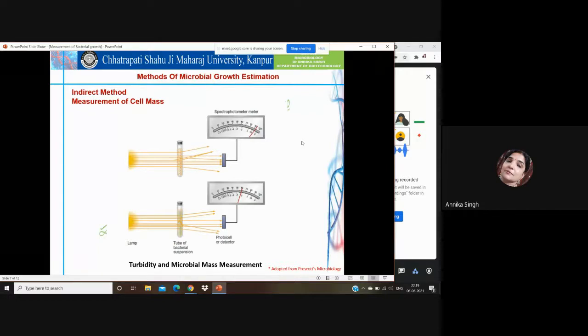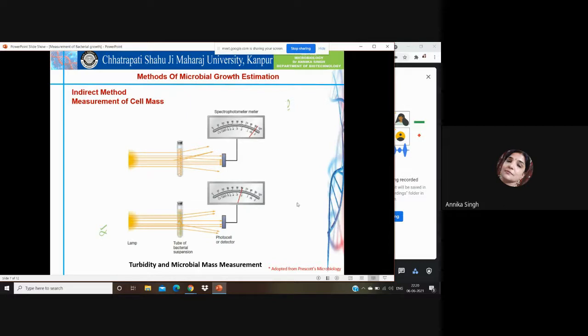As we know, in the spectrophotometric method, as the number of cells increases, the scattering of light also increases, because spectrophotometry depends on the fact that microbial cells scatter light that strikes them.